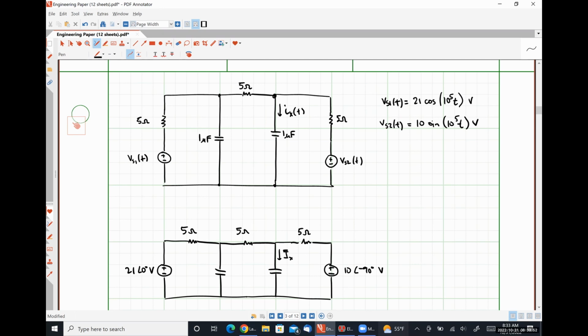Use the equation like 7 minutes ago or something. 1 over j omega c. All right, so plug the numbers in. What do you get? Exactly right.